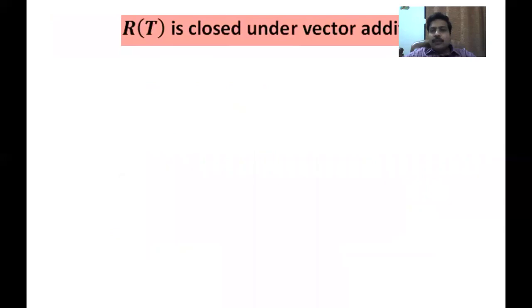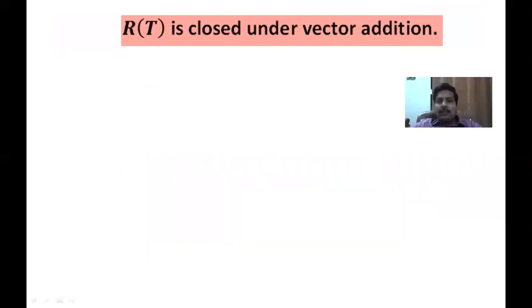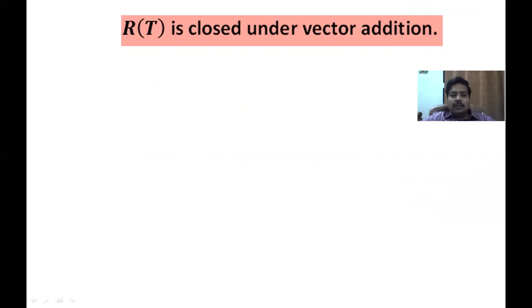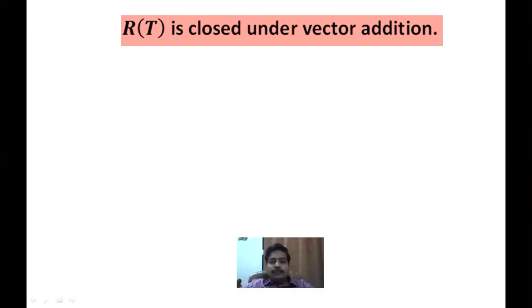Next we prove that range of T is closed under vector addition. Let us take two elements in range of T. Elements in the range of T will be of the form T of x.